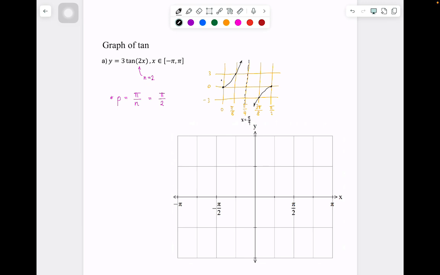So if we look at 0, 0, that's our starting point. Let's plot that in. Our asymptote is at pi on 4, so I'll jump across to here. Might do it in a different color. I'll use pink.